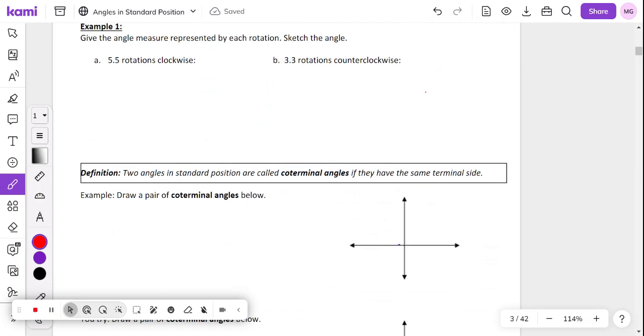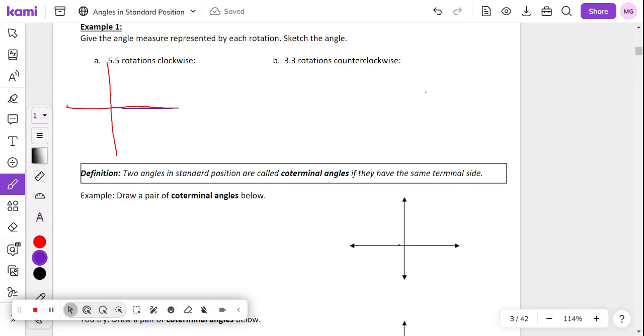Okay, so in these examples, I'm asking you to calculate the degree measure for an angle represented by that many rotations. And also I want you to sketch the angle. So let's go ahead and sketch it first so you can get an idea of what it's going to look like. So the first angle I'm asking you for is an angle who has 5.5 rotations clockwise.